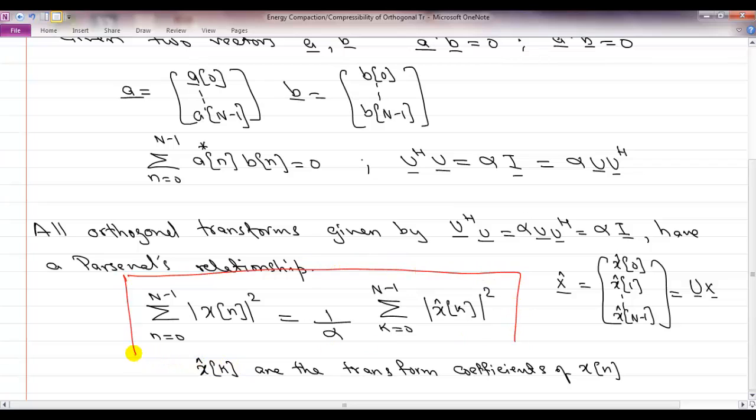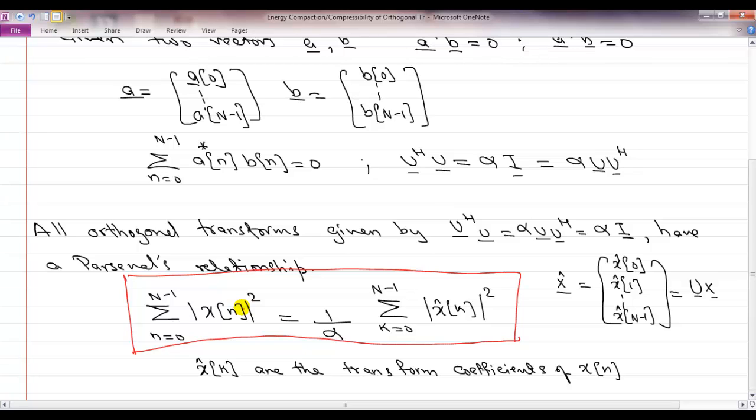If you look at energy, this summation of absolute value squared is just a way of saying what is the energy in your sequence. The energy in the time domain equals some constant times the energy in the transform domain.